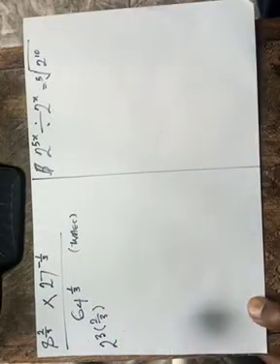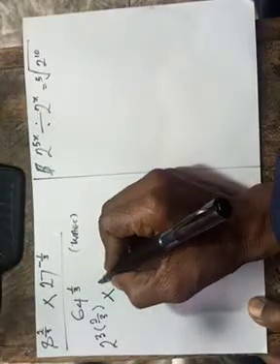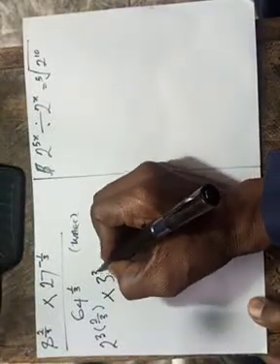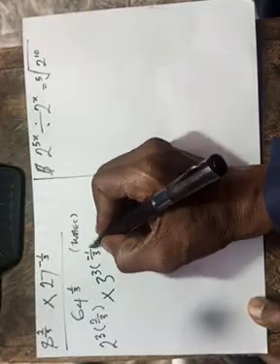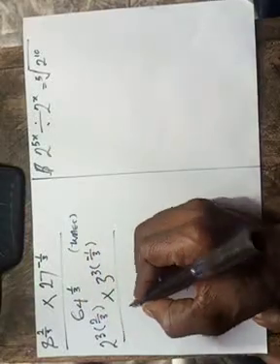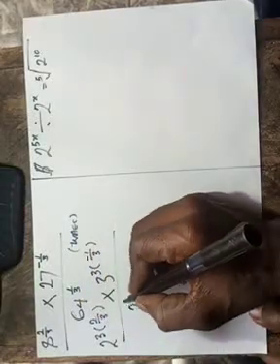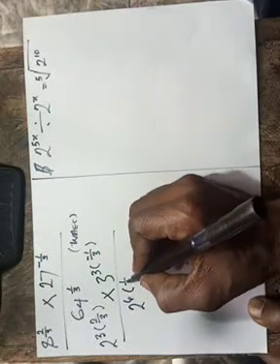Then this 27, we can write it as 3 raised to power 3, then the power minus 1 over 3. Then over this 64, we can write it as 2 raised to power 6, then the power is 1 over 3.